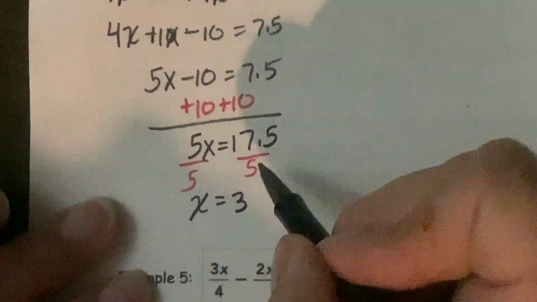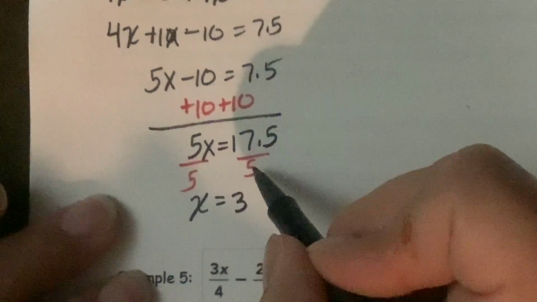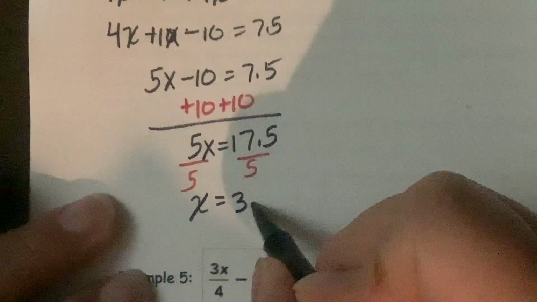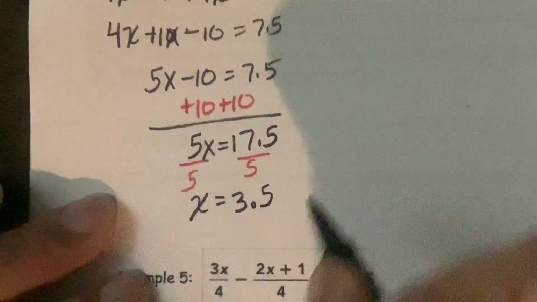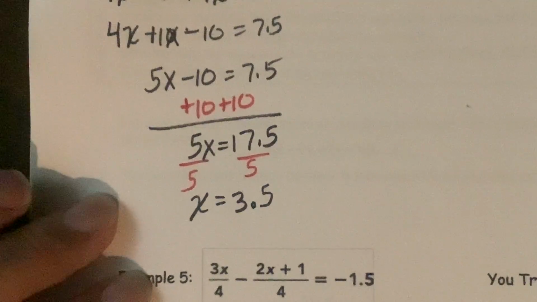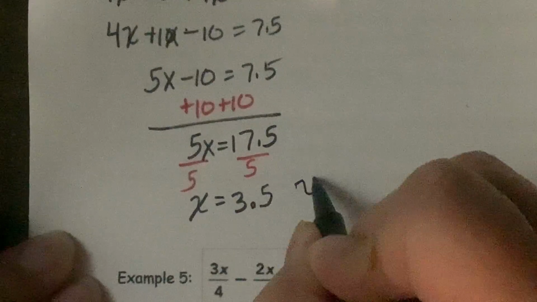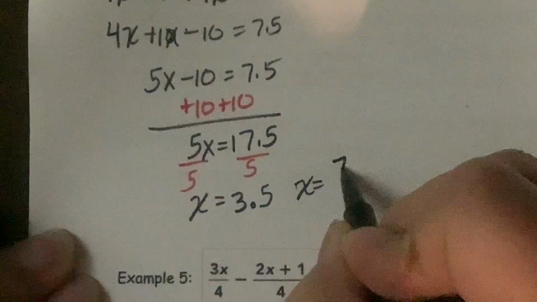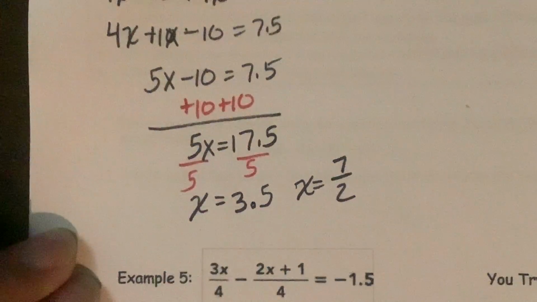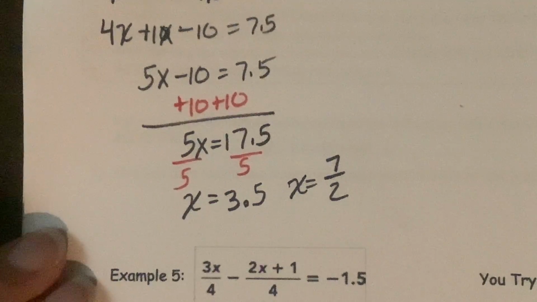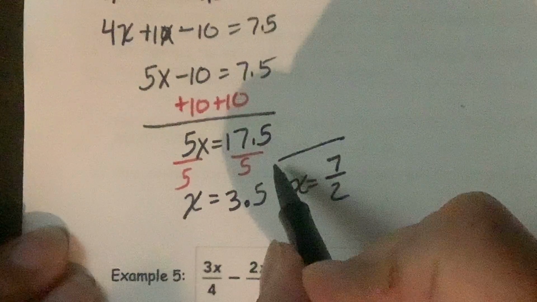And then you would have 2.5 left over. And 5 goes into 2.5 times. So I get 3.5. And if you want to leave it as a fraction, x equals 7 over 2. Yeah, I'm going to leave it like that. That looks good.